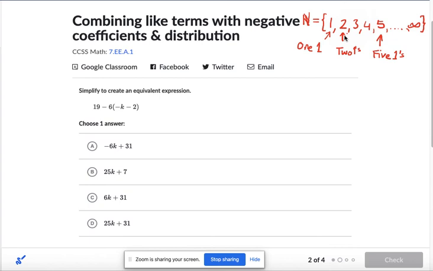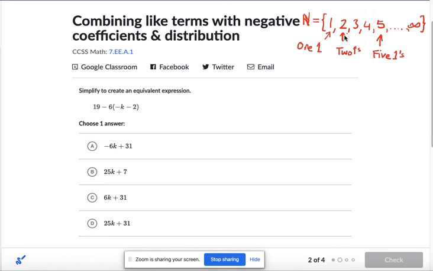And then 6 times k is just 6k. Remember, they can't be combined together. You can't get 60k or k6. But we can get 6 times k, and that's perfectly fine. Now -6 times -2 again is a plus, because negative times negative is a positive. 6 times 2 is 12.